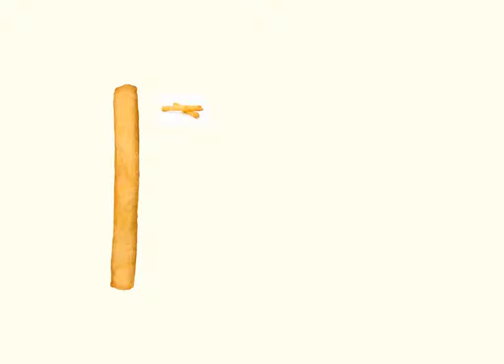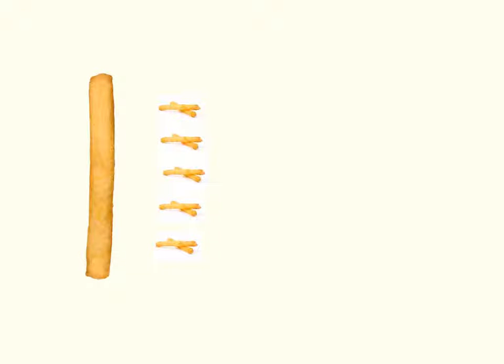So here we have 2 bits that we've cut. And then there's 4 bits. And then how many is that? Yep. 6 bits, 8 bits, we're almost there, 10 bits of French fry. So we have to pretend we've cut this French fry into these tiny little bits.